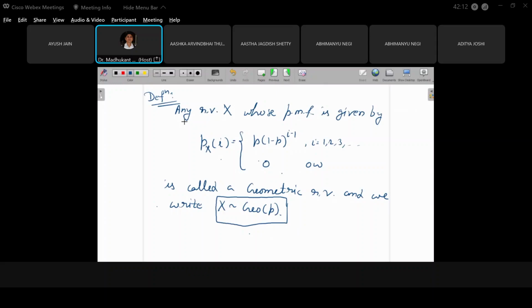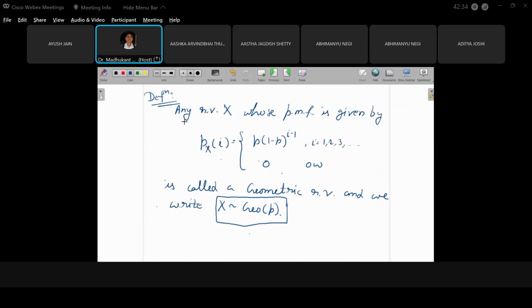Okay, and then at the end we have defined a random variable which you are also aware of already, the geometric random variable. So here the concept of the geometric random variable is you keep on drawing the trial until you get the success.